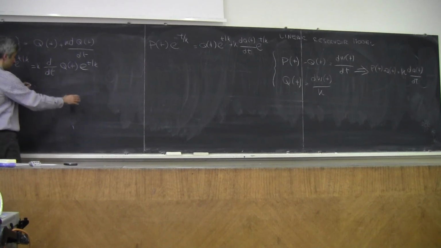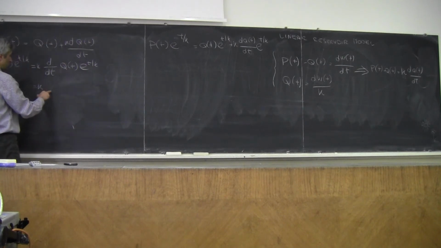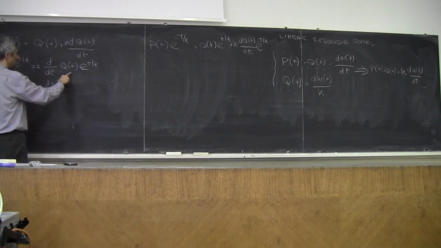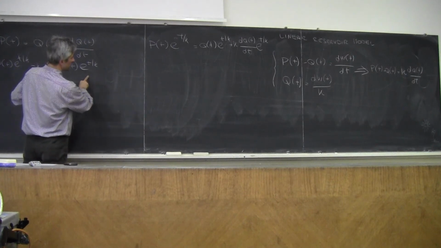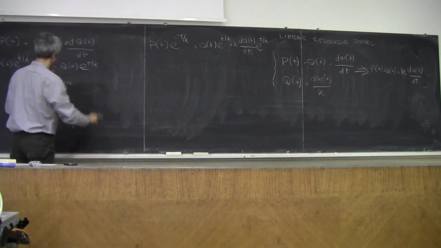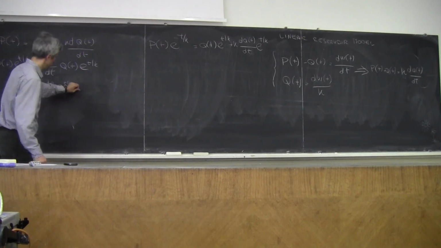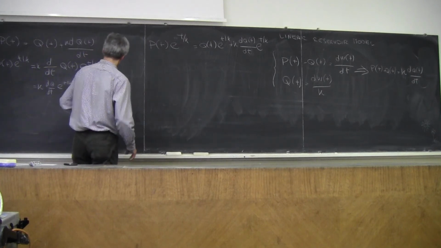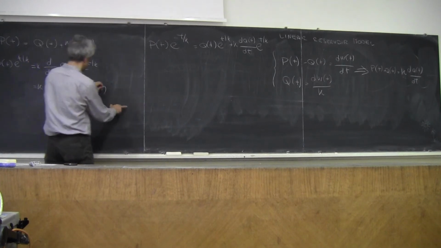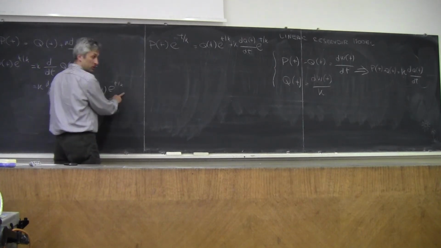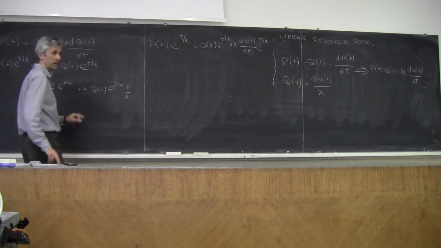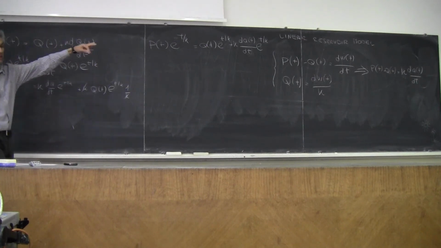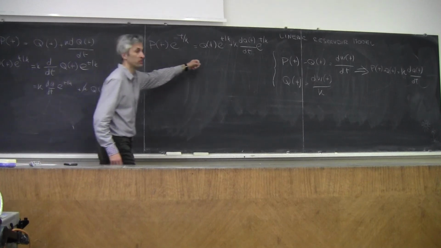if I want to explode this, I could write it as k, which multiplies derivative of the first, dQt over dt, times the second term unchanged, e to the power of t over k, plus again k, which multiplies the first term unchanged, Qt, times the derivative of the second, and the derivative of the second is e to the power of t over k multiplied by 1 over k, which is the derivative of the exponent of e, and this one disappears, and you get back the relationship that we started from.